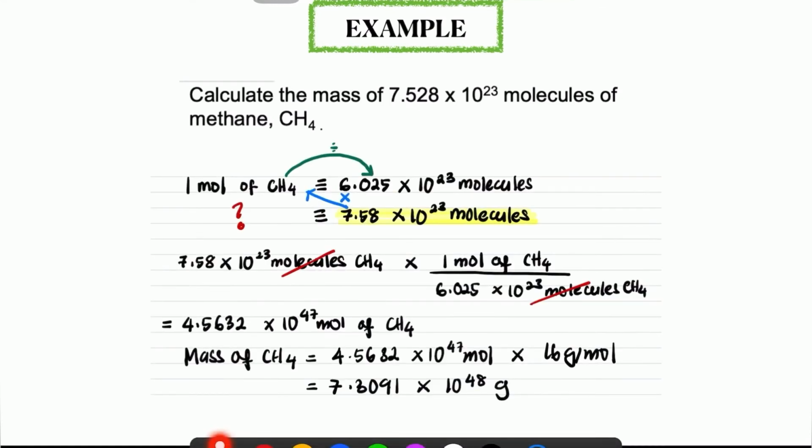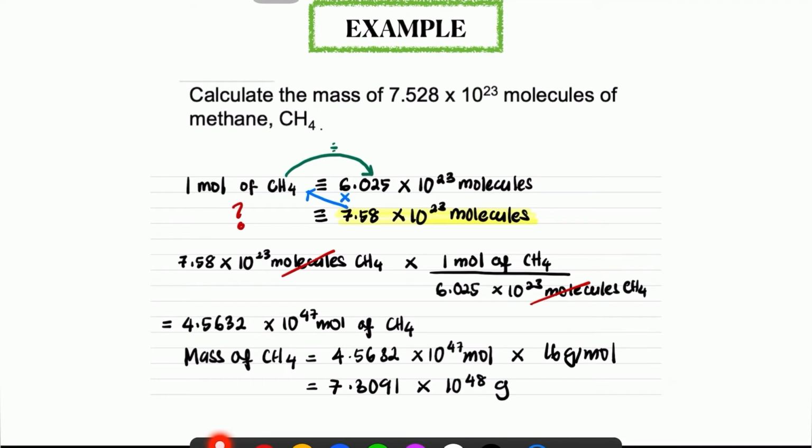Theoretically, we know that 1 mole of CH4 consists of the Avogadro number of molecules. So given the molecules, how many moles of CH4? This value times 1 mole of CH4 divided by the Avogadro number for 1 mole of CH4. You can see this is a conversion factor.